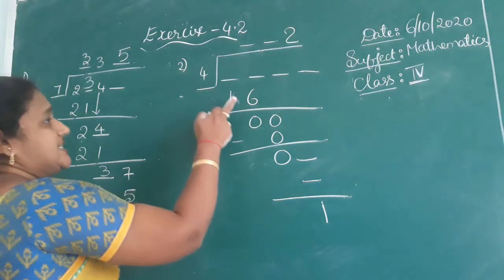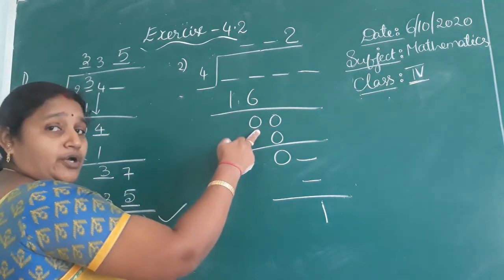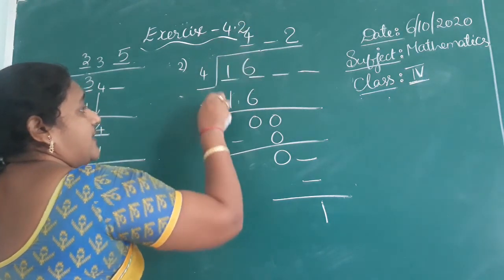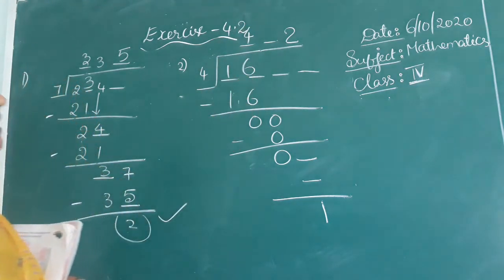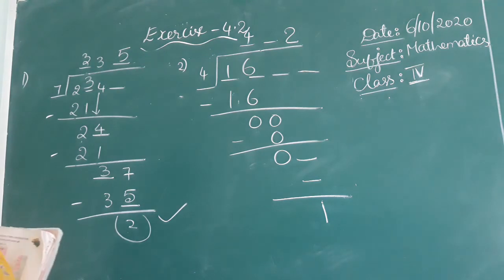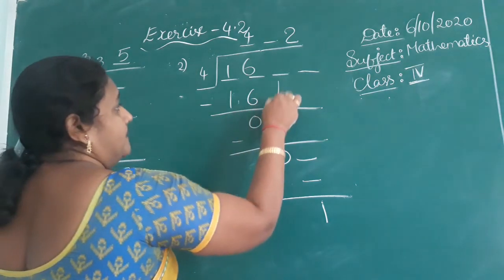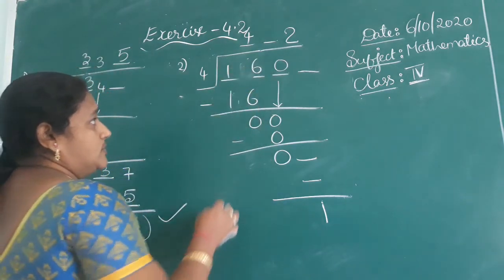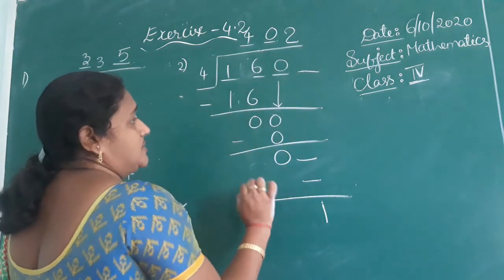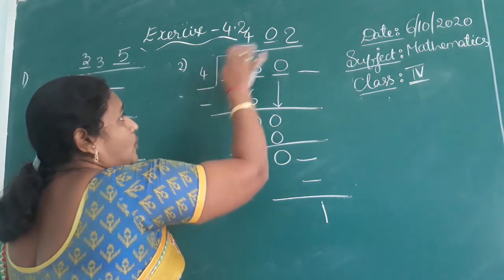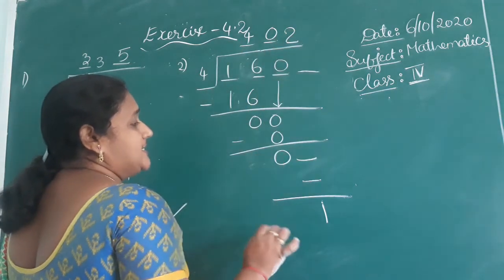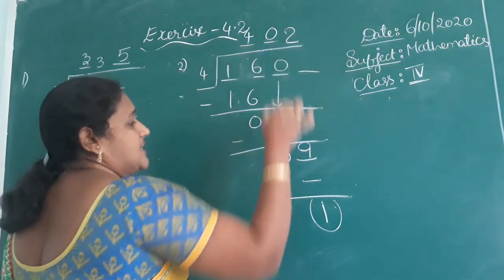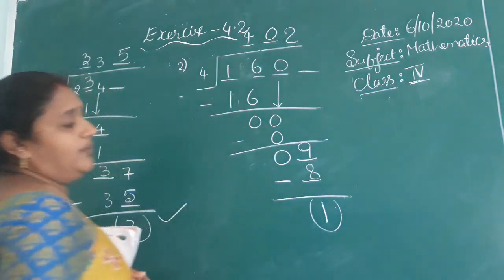Here 4 fours are 16, remainder is 0. So 4 fours are 16, 16 minus 16 is 0. Here the next number is 0, so drop down 0. 4 zeros are 0, remainder is 0. Next 4 twos they gave. What is 4 twos? 8. But here remainder is 1. So 8 plus 1 is 9. 4 twos are 8, remainder 1. Now it's satisfied.